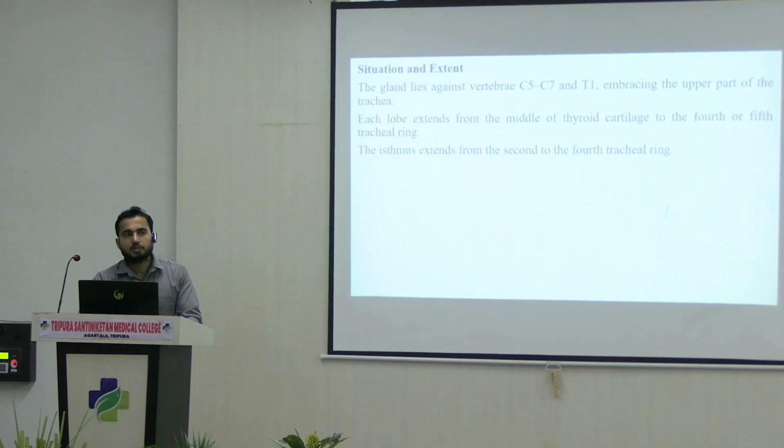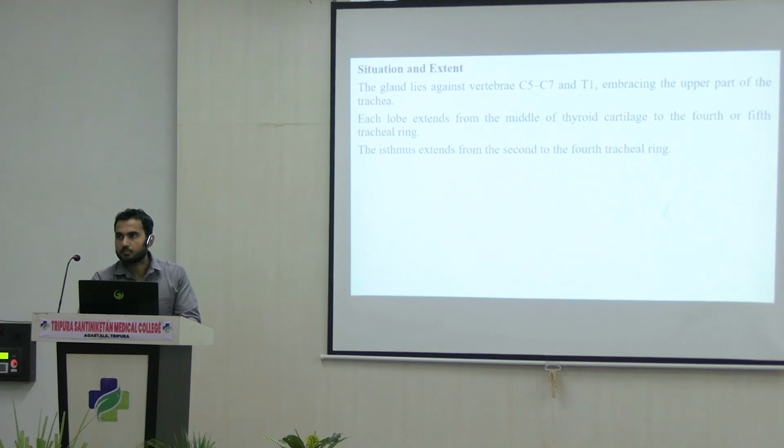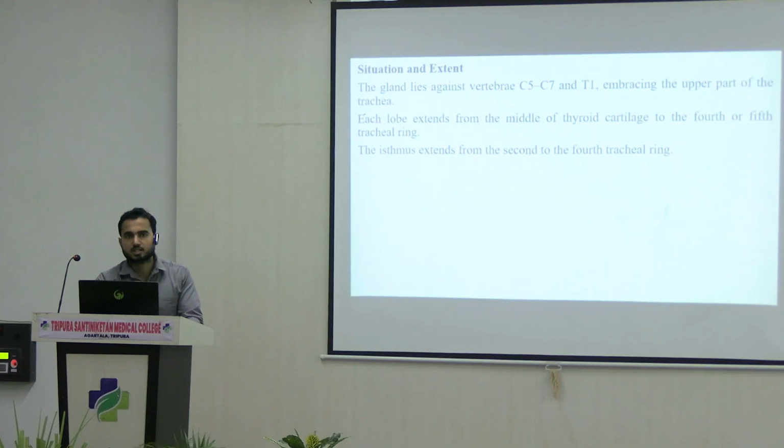Can anyone tell me how many tracheal rings there are approximately in the trachea? It is approximately 16 to 20 tracheal rings. Among them, the isthmus extends from the 2nd to 4th tracheal ring.